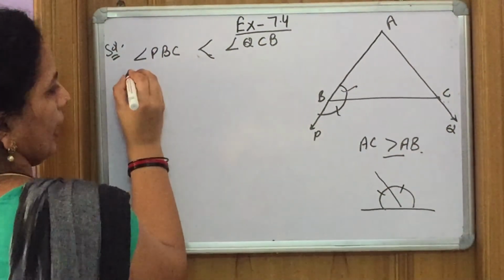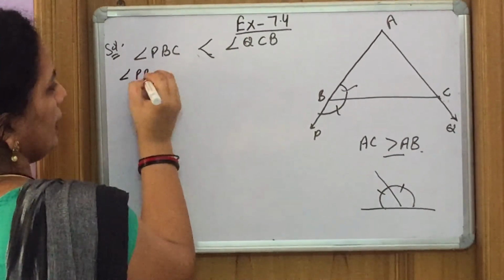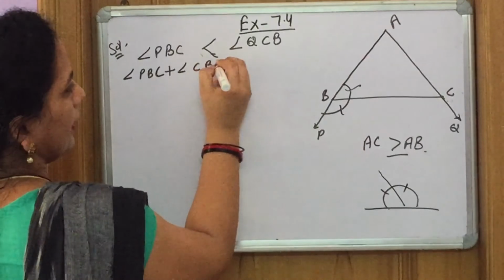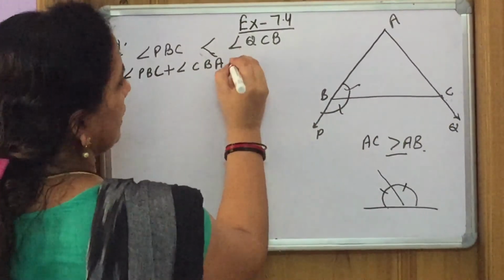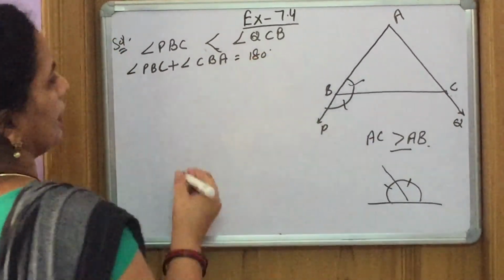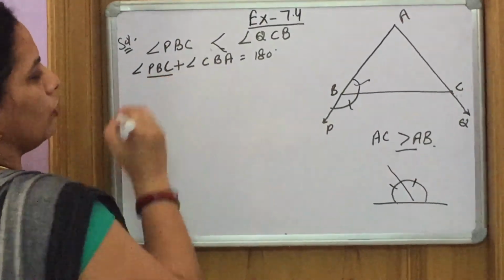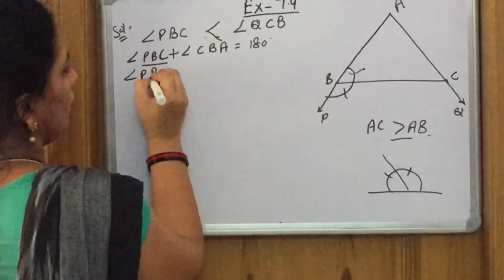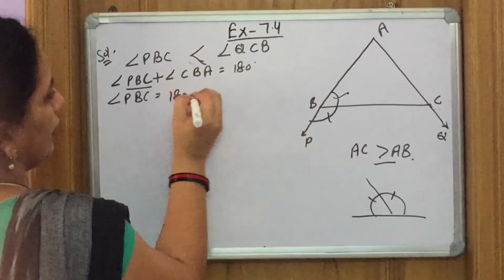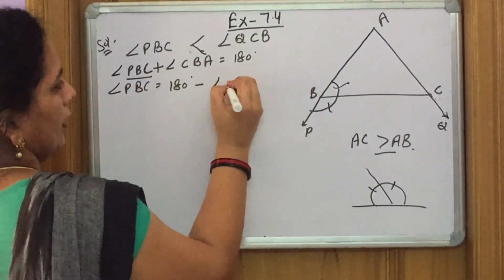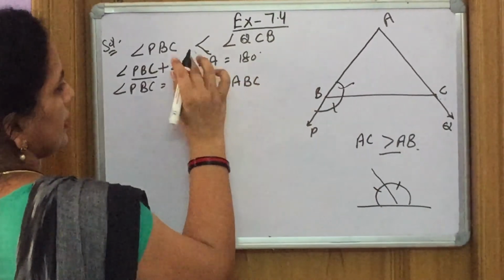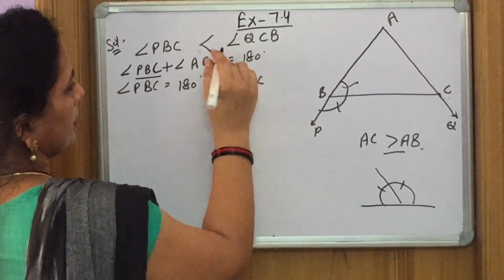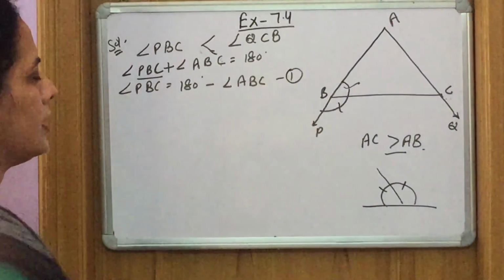So here we will write that angle PBC plus angle CBA is equal to 180 degrees. We can find the value of angle PBC, which will be equal to 180 minus angle ABC. This is our first condition.